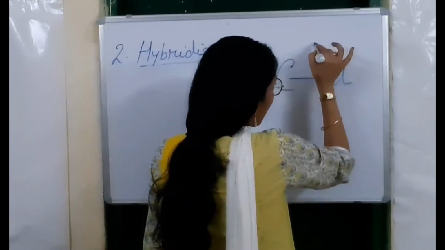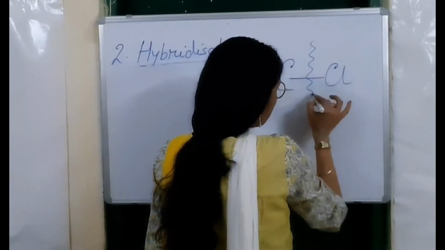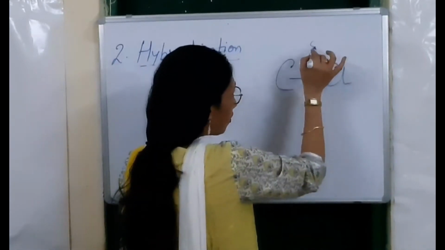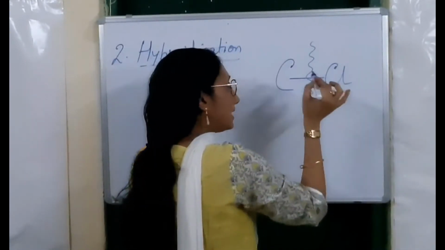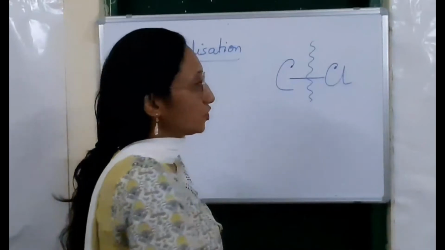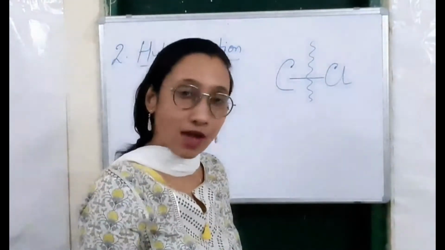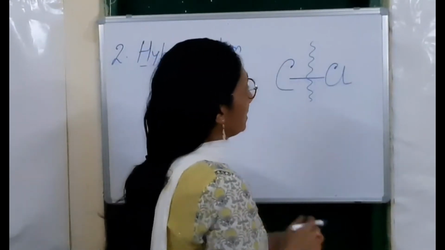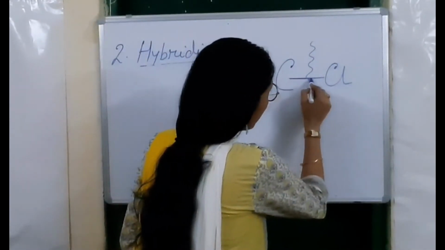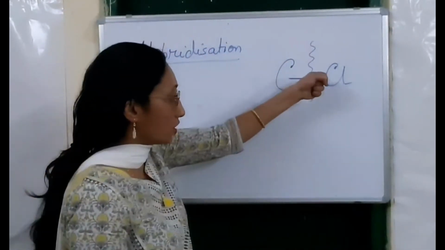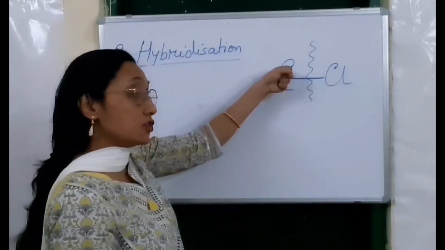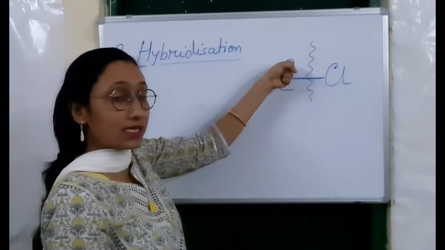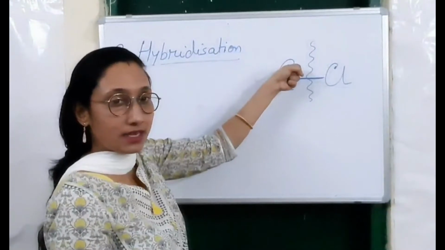If this carbon-halogen bond is broken or cleaved easily, then the rate of nucleophilic substitution reaction will be faster. Now, suppose carbon holds this shared pair of electrons towards itself strongly, will the C-Cl bond break easily? No.